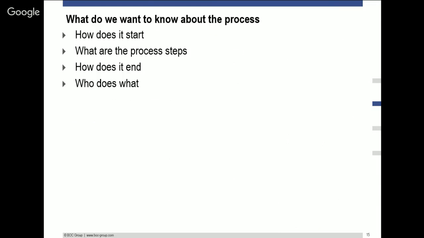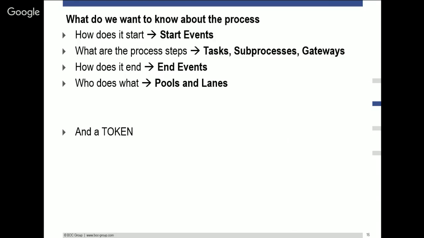And now, what are the basic elements? The things that you really need to know in order to document your processes. Well, the most basic questions are: how does my process start? What are the process steps? How does it end? And who does what? And all of them are covered by those elements.